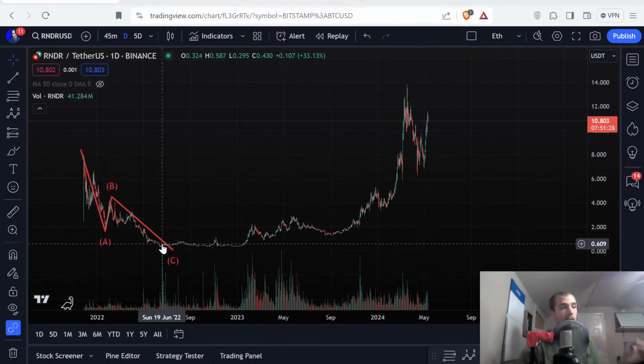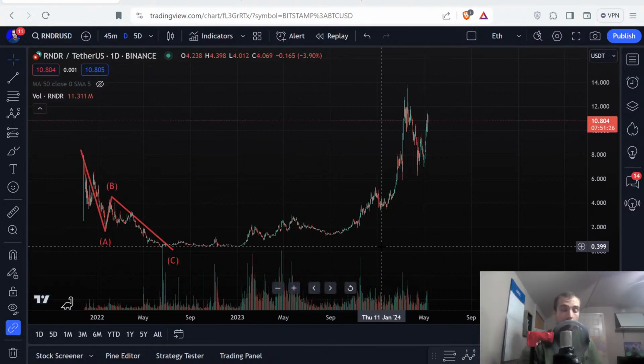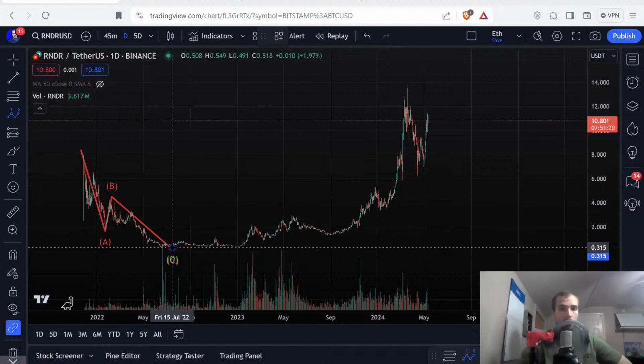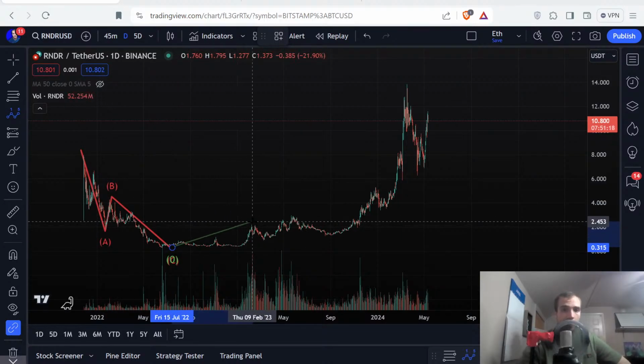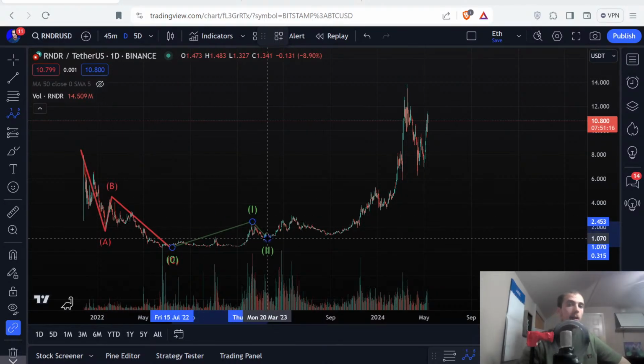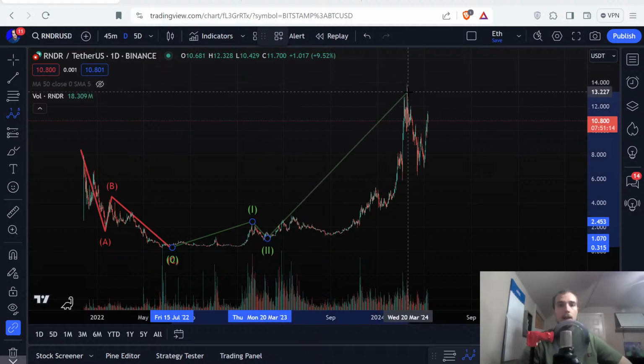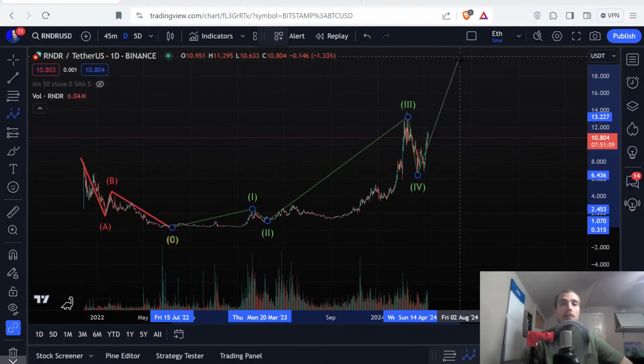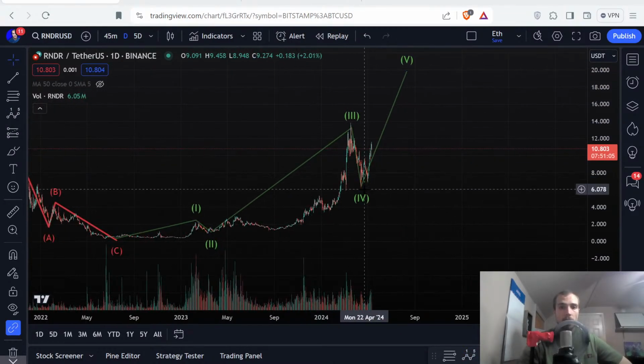ABC down, sideways accumulation, then it broke out, right? Well, Render did the same thing. These markets are fractal, they repeat. So then we get Elliott wave 1, Elliott wave 2, Elliott wave 3, Elliott wave 4, and now I'm expecting a fifth wave here that coincides with this bullish flag.